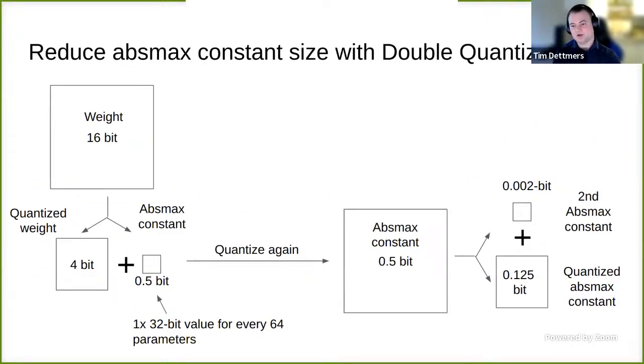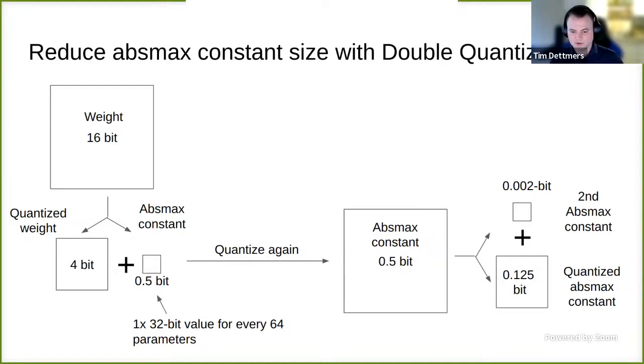Then the second component is to save a little bit more memory. It's a little bit silly idea. We do a quantization of the quantization, sort of Inception style. If we do one quantization, we have two parts. One part is the quantized weights. The other part is the absolute maximum constants. These can take up 0.5 bits. What we can do is take those constants and just quantize them again.